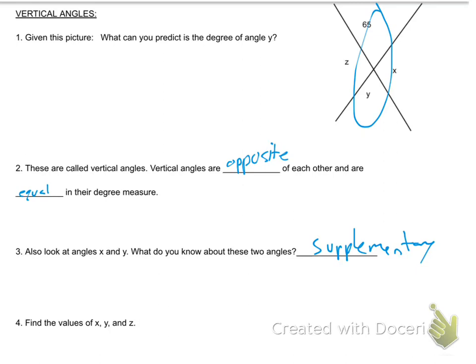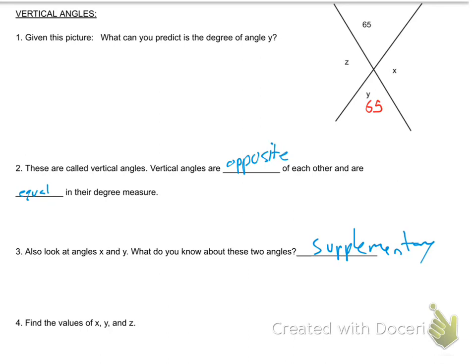I probably should get a stylus. That would probably make it easier. So, wait a minute. If y is also 65, I'm going to erase that blue mark there. If y is 65, what does x have to be?